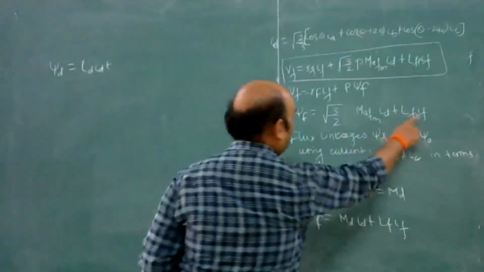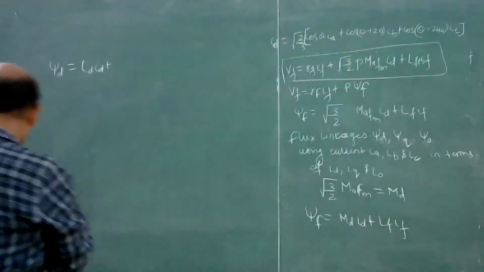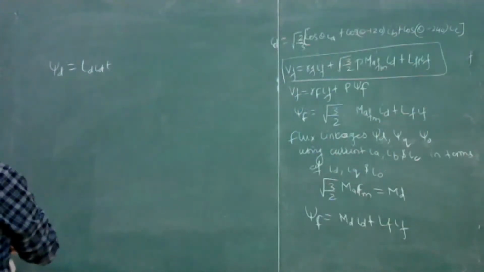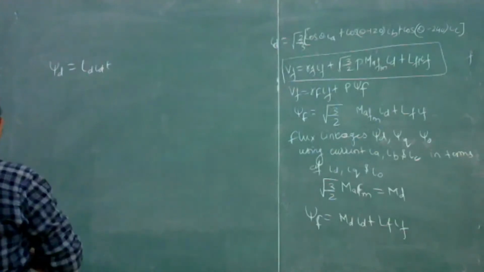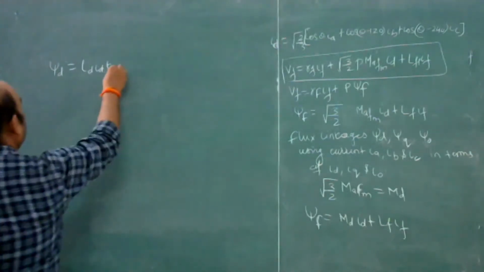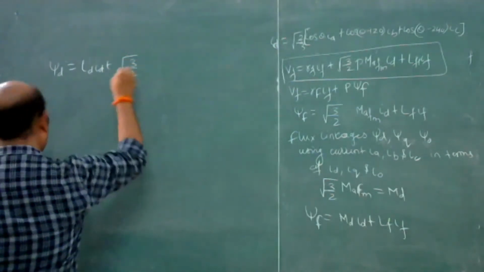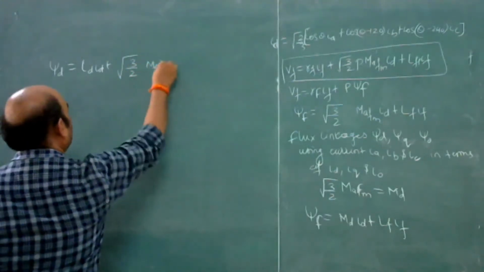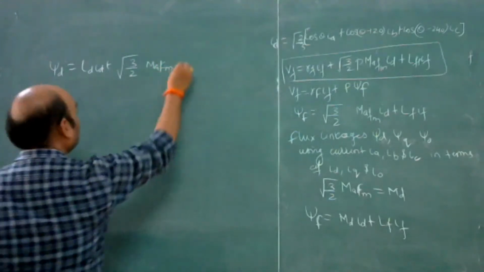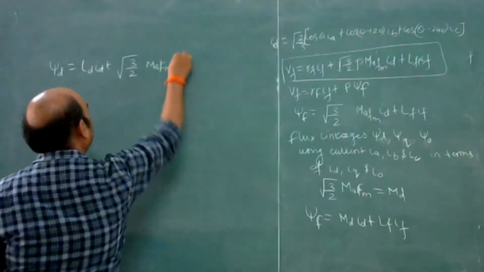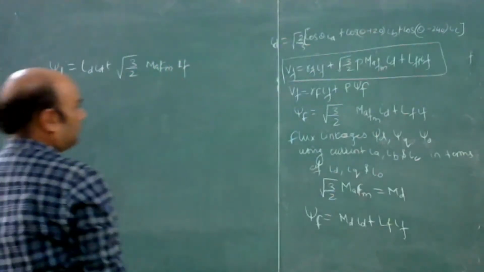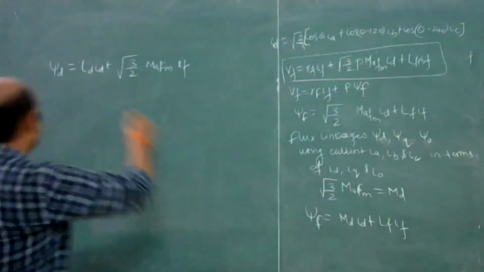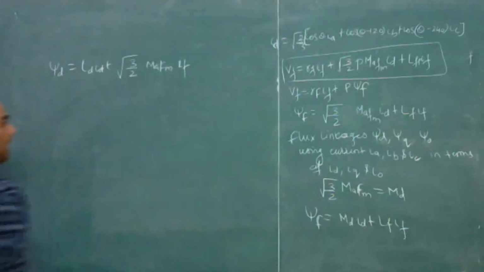So this is LF IF, so this will be LD ID. Plus root 3 by 2, similarly we can derive MAF_N into IF. So when psi F is there, it is ID. So when we are putting ID, this will be IF.